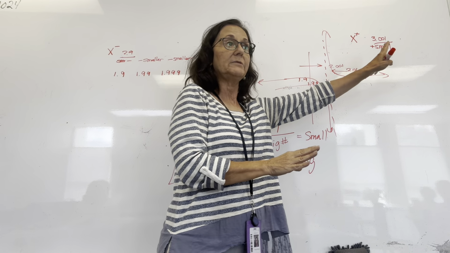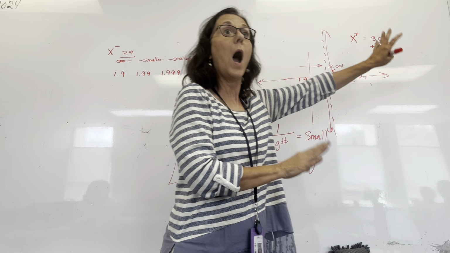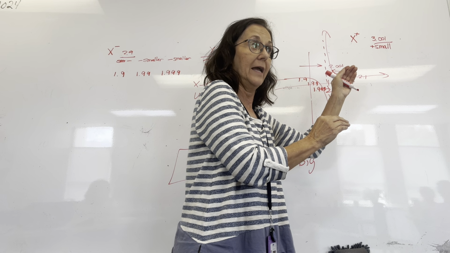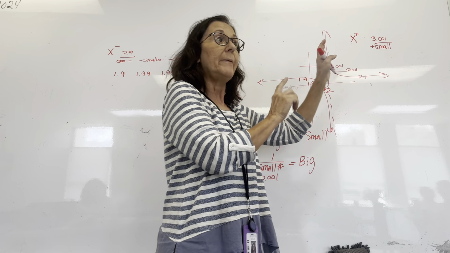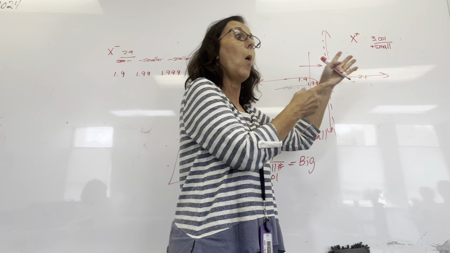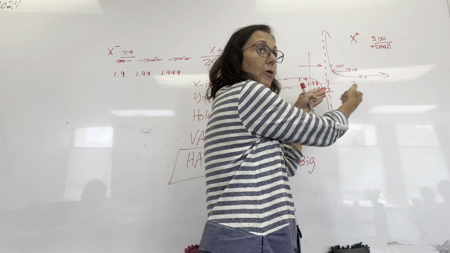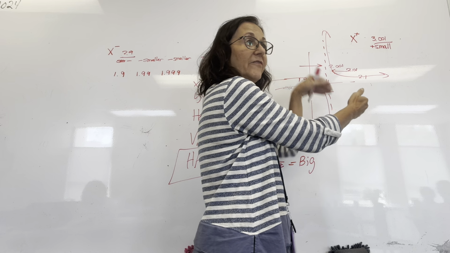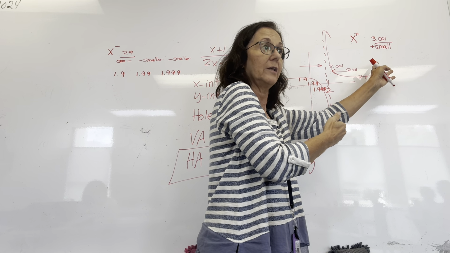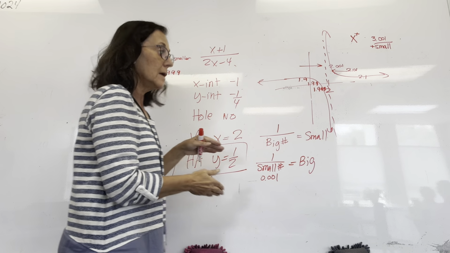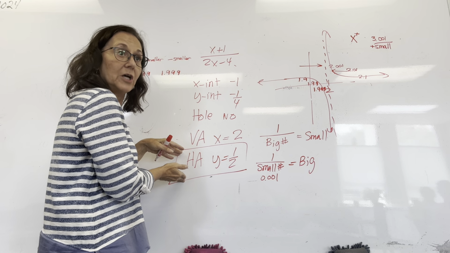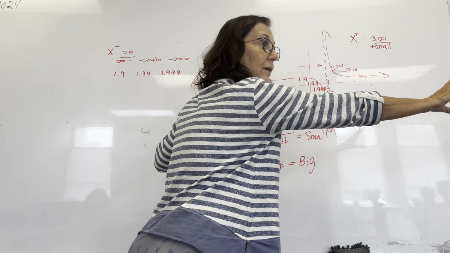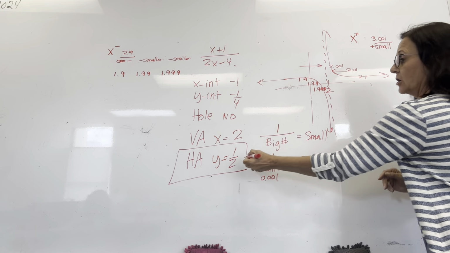The big little concept tells me what value y is approaching as x approaches that vertical asymptote. And it's either positive infinity or negative infinity based on the small, big, little concept, okay? The horizontal asymptote tells me as x is approaching negative and positive infinity, what is y approaching? And it's going to approach 1/2.